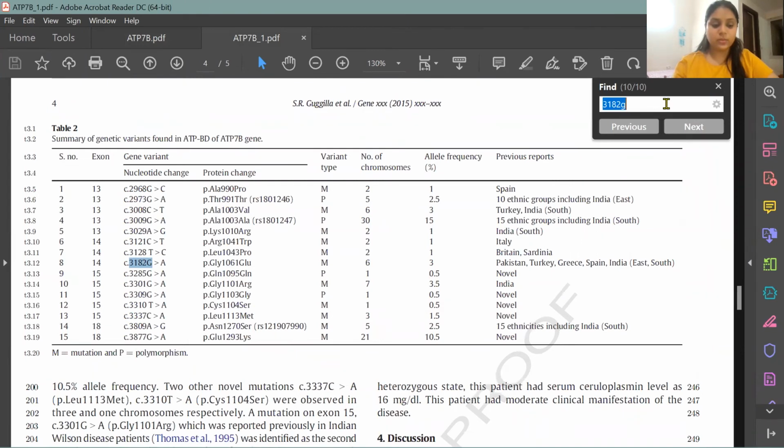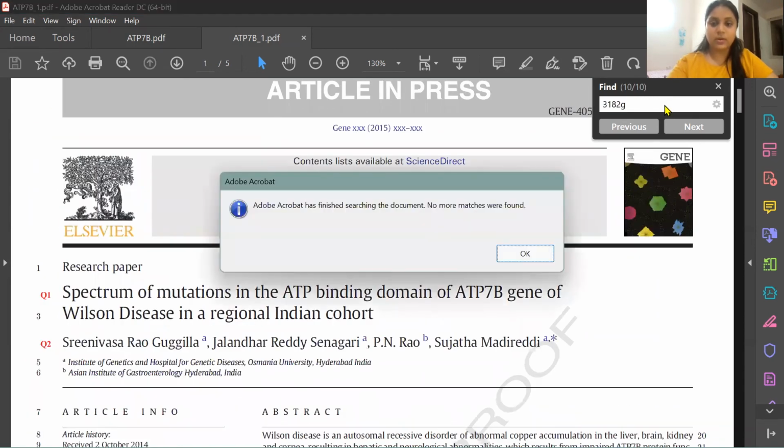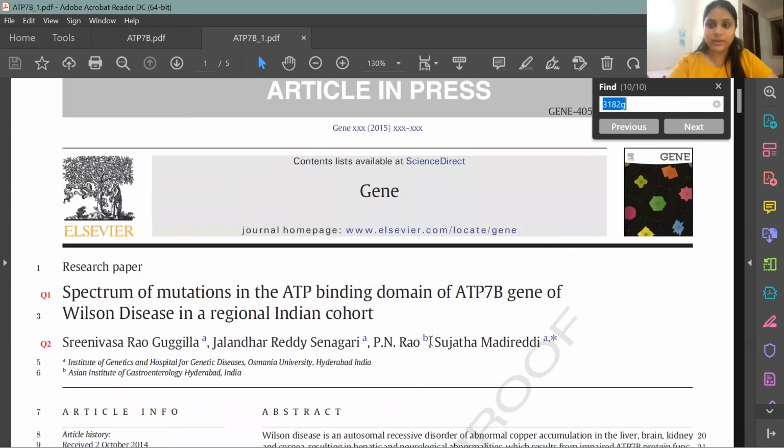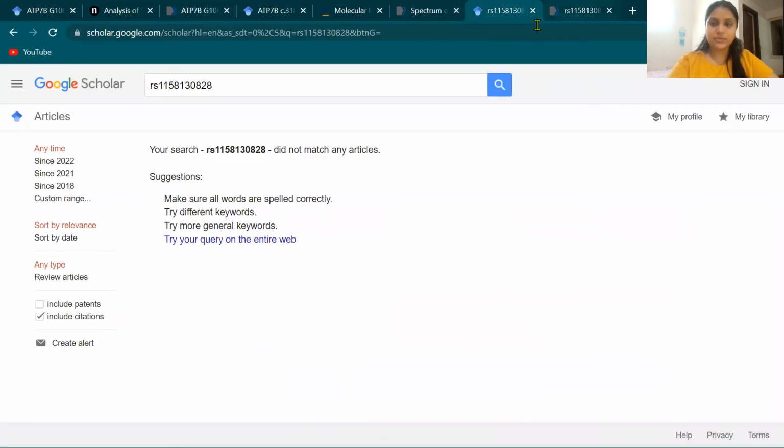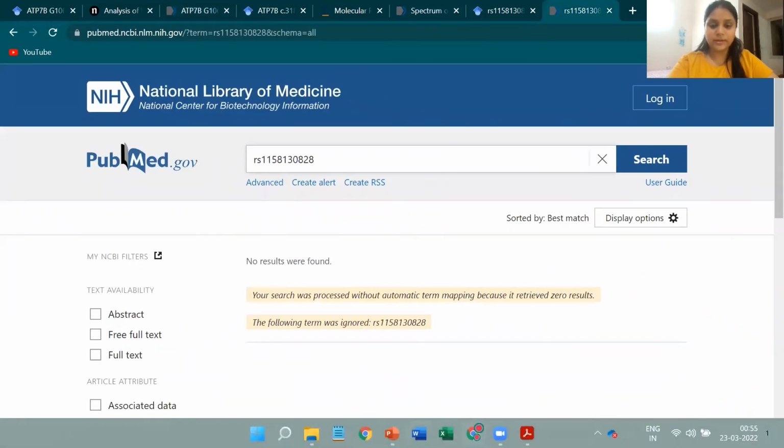However, there was no odds ratio calculated and no segregation study, therefore we can ignore this paper also. Also, when I searched using the RSID, no results came in either Google Scholar or PubMed.